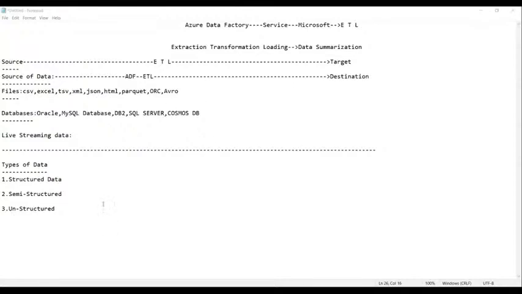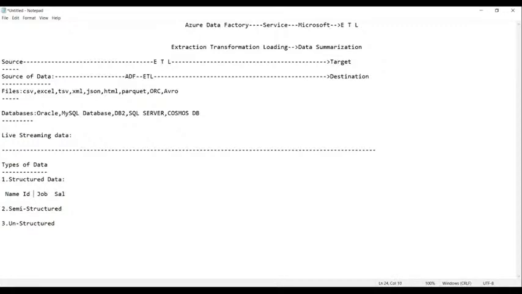Now let us try to understand what exactly structured, semi-structured, and unstructured data are. Structured data is data that is already placed in the form of proper rows and columns. For example, I have name, ID, job, salary.